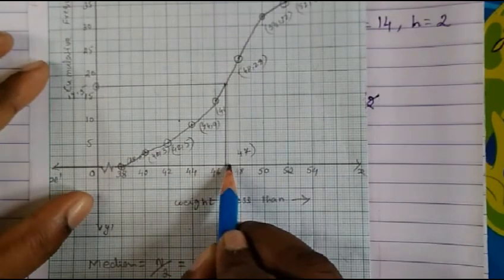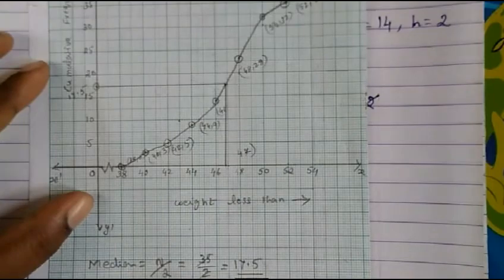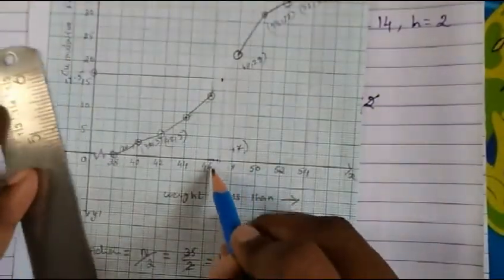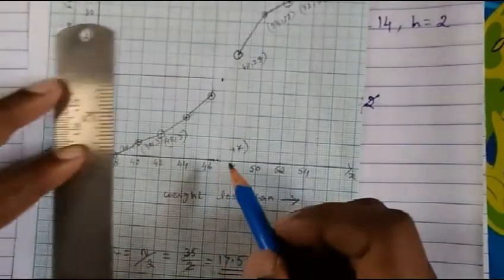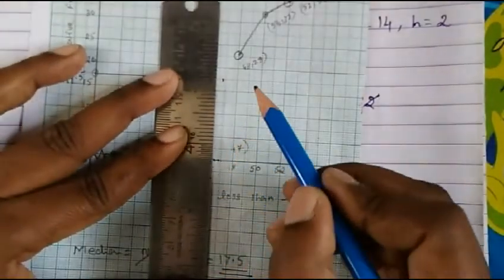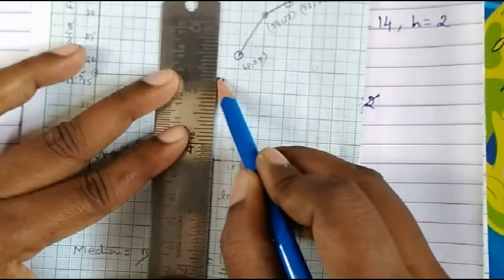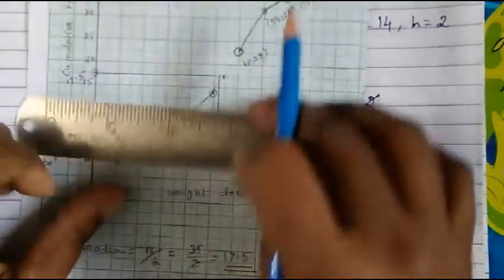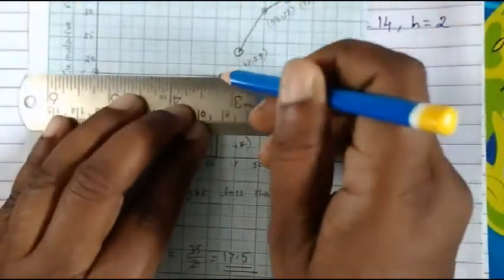This is 47, right? So just a minute. We have to make the adjustment. So what I'll do, first I'll take 46.5 here and then draw the line. So this has to come this way.